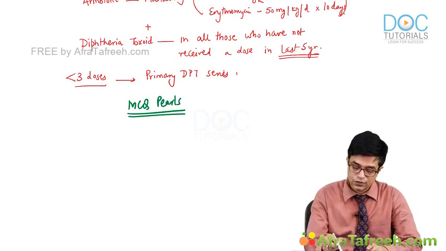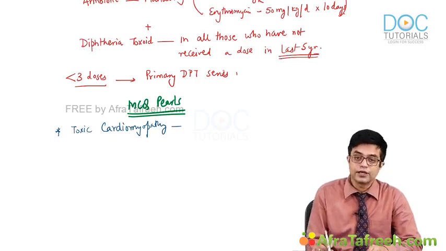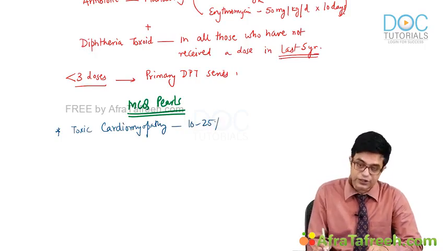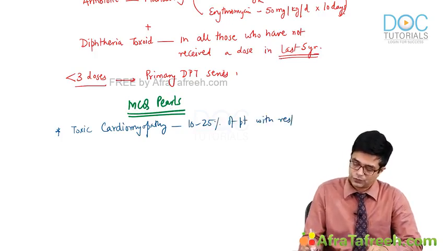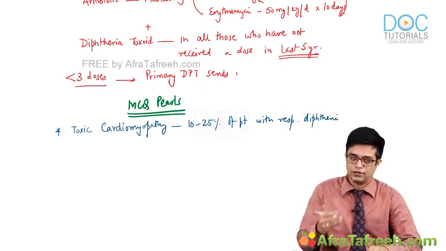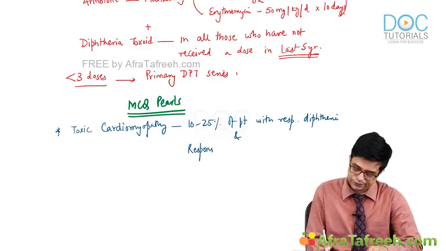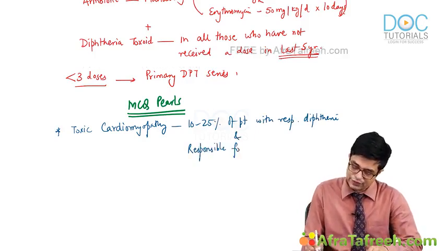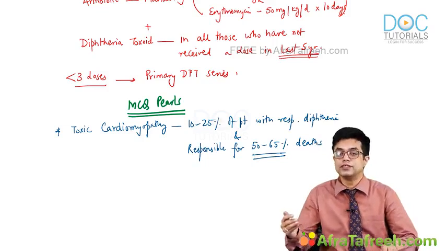First of all, remember that toxic cardiomyopathy in diphtheria tends to occur in 10 to 25% of patients with respiratory diphtheria, among those with respiratory involvement, pharyngeal or laryngeal or nasal, and is responsible for 50 to 65% of the deaths. So that is why it is considered the most common cause of death in diphtheria.